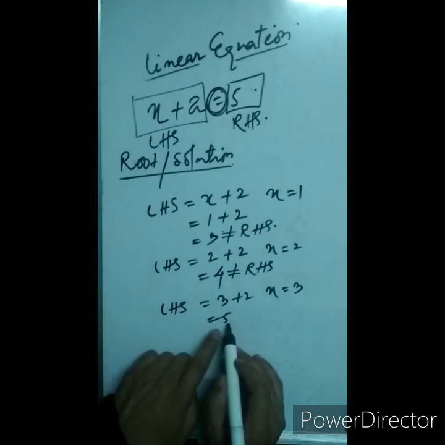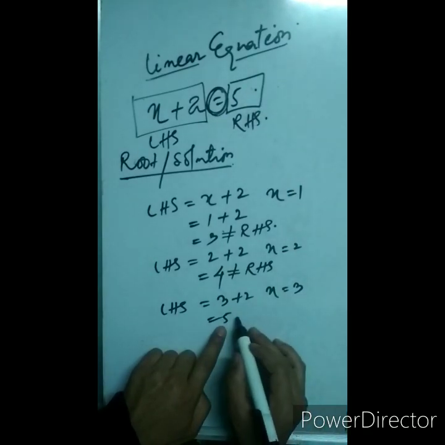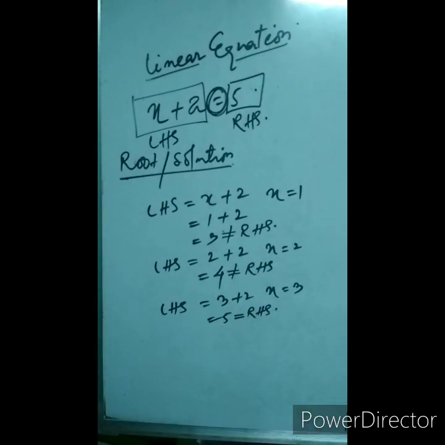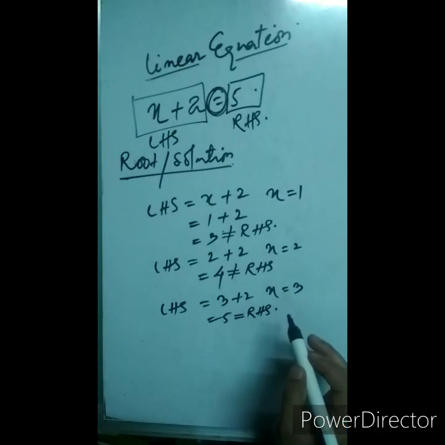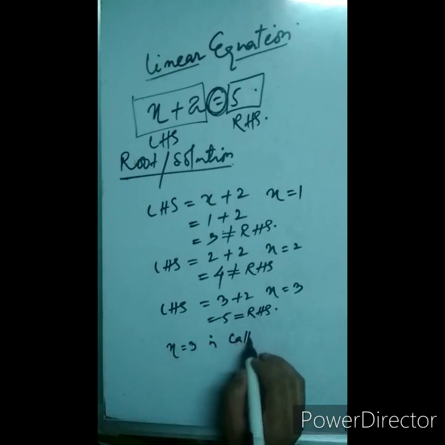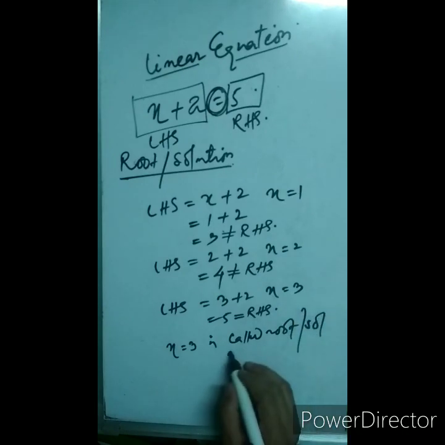So now left hand side is 5, and on the right hand side there is also 5. That means left hand side is equal to right hand side. That means x equal to 3 satisfies the equation. That means x equal to 3 is called the root, or we call it the solution.